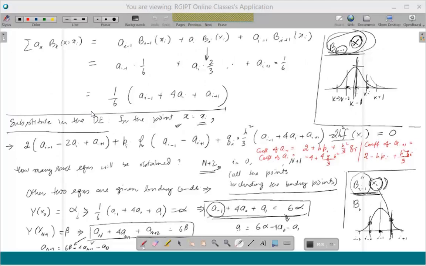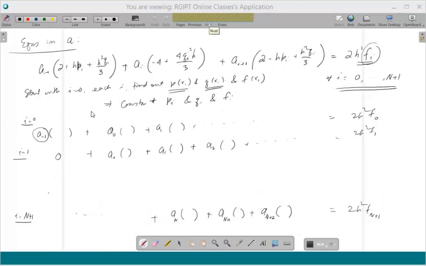So a minus 1 is substituted, a minus 1 will have this form, okay, and a n plus 2 will have this particular form, right? So this is in terms of a n, a n plus 1. This is a0, a1. There is no a minus 1 and a n plus 2. So that way we will get rid of the terms a minus 1 and a n plus 2, okay, and everything will be expressed in terms of a0 into something plus a1 into something, and on the right hand side you will have a set of constants, right?